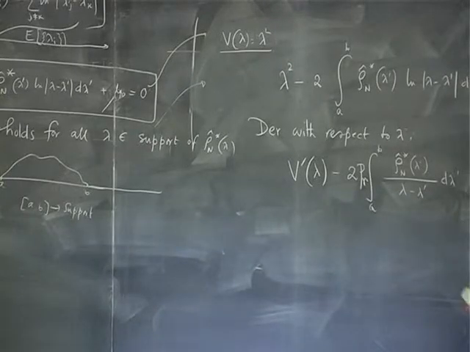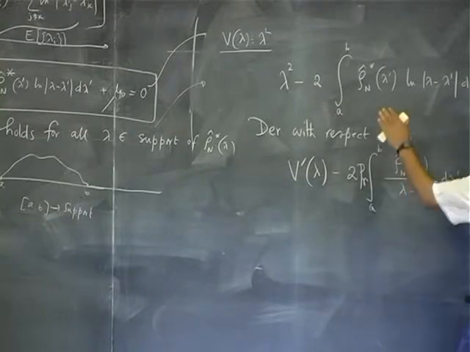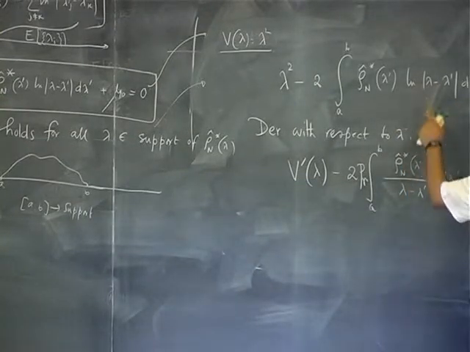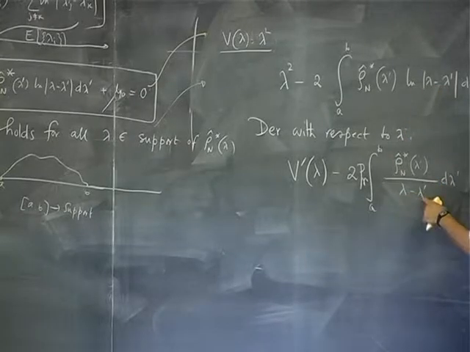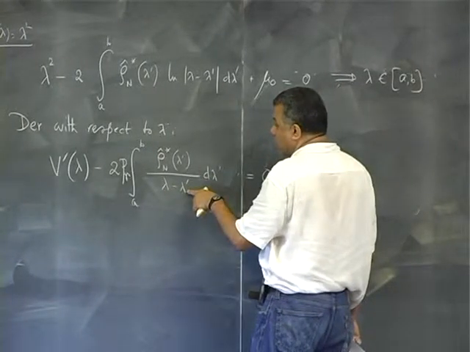This term is very simple, I derive with respect to lambda and it is V prime lambda. When I differentiate the log term, it gives you 1 over lambda minus lambda prime. But you see that the system can diverge when lambda becomes equal to lambda prime.